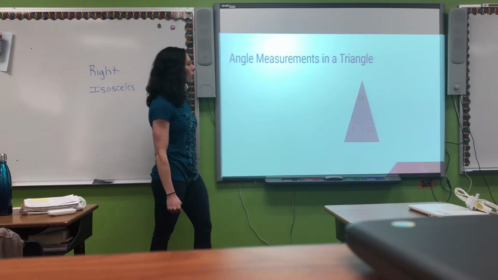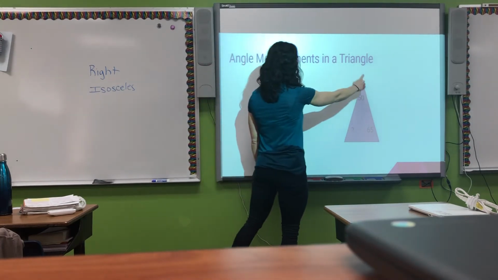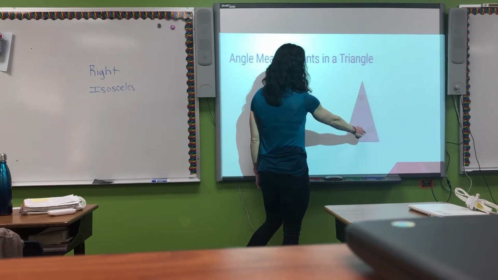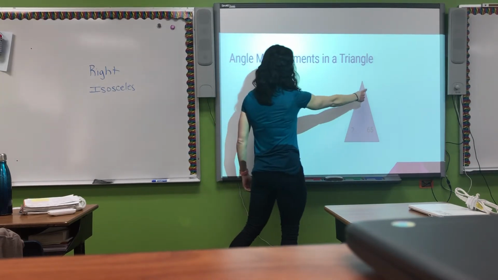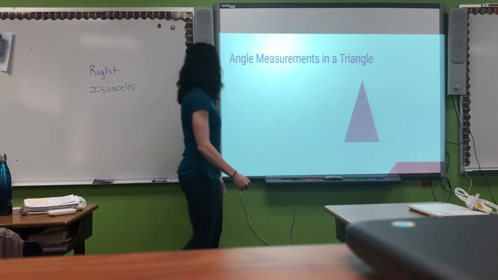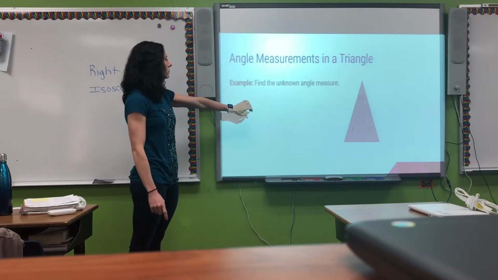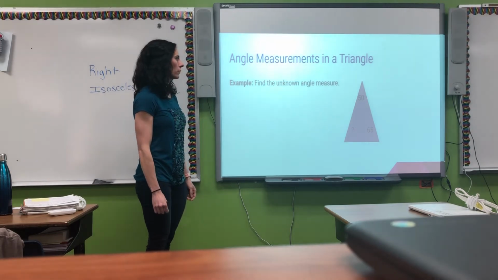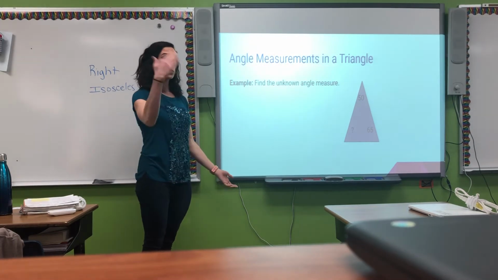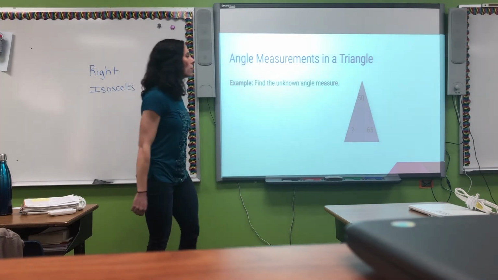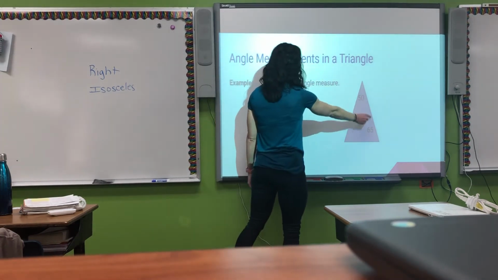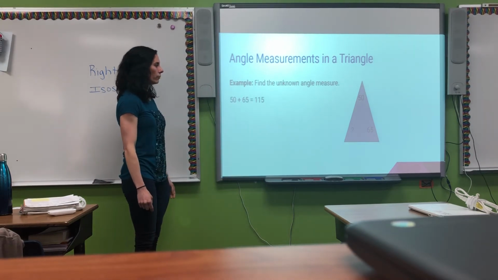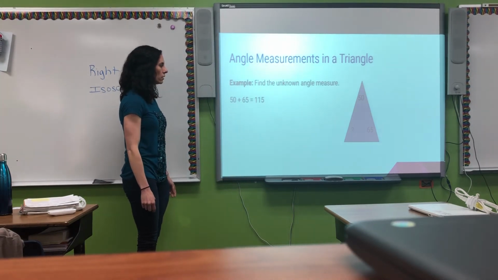All right, so let's write this triangle in our notes. We have 50 degrees, 65 degrees, and unknown, and you can put your little degree symbol up there. So we want to find the unknown angle measurement. If you go back to what you just wrote down, step 1 is we're going to add the two we know. So 50 plus 65 equals 115.